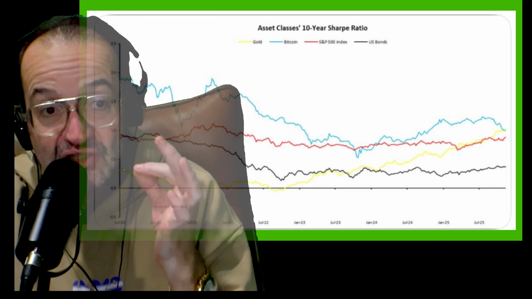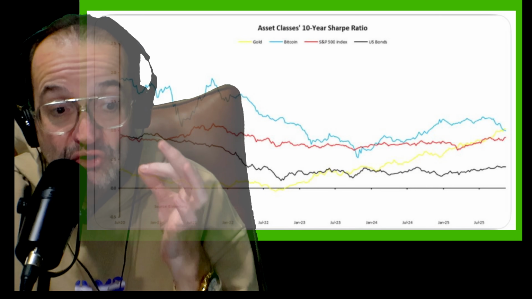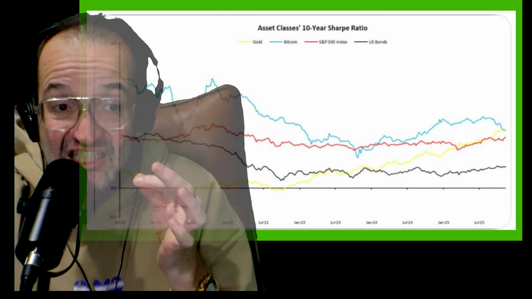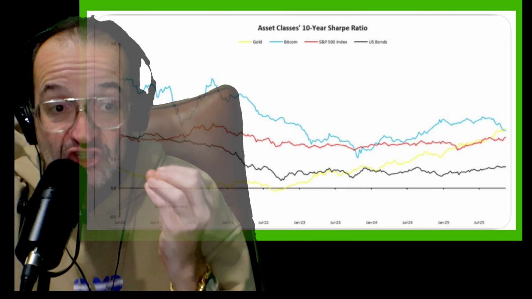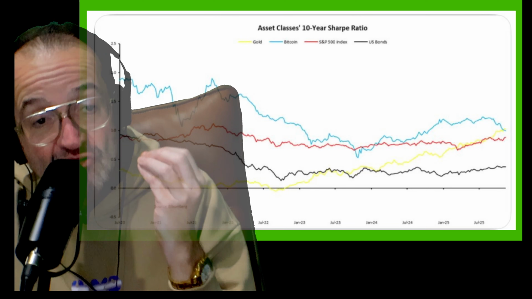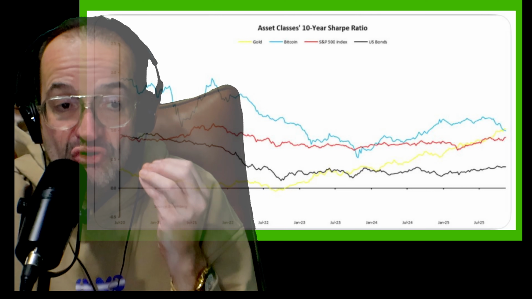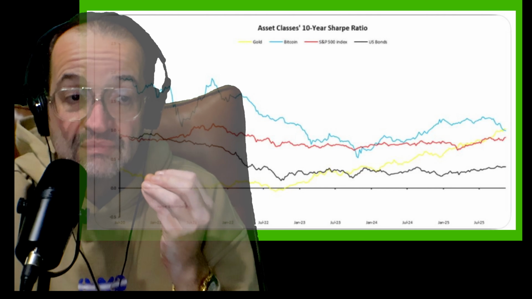Because inflation destroyed the bond market's core promise: capital preservation. Rising yields didn't reward bondholders, they punished them. Duration risk became toxic, and here's a critical realization: bonds no longer hedge equity risk when inflation is the driver.